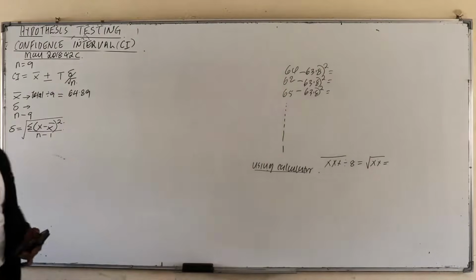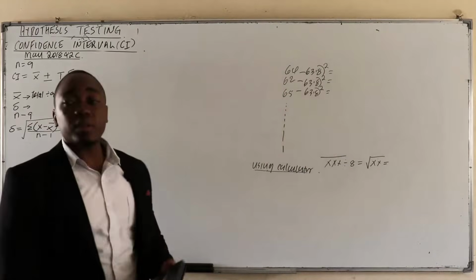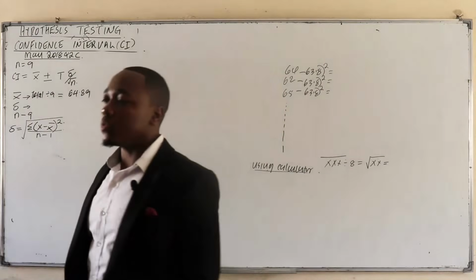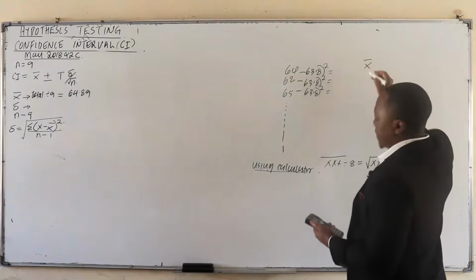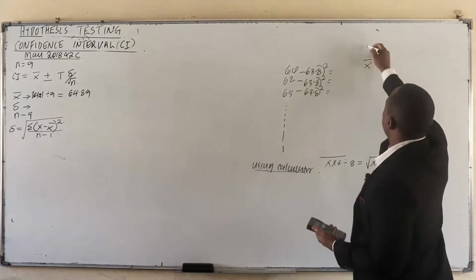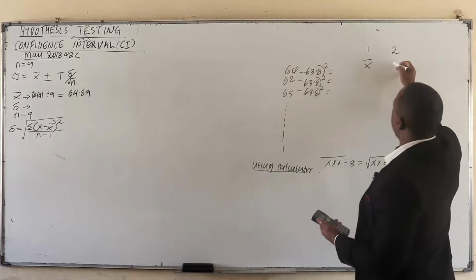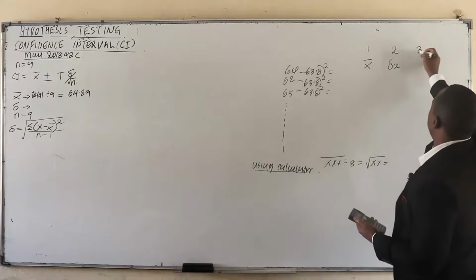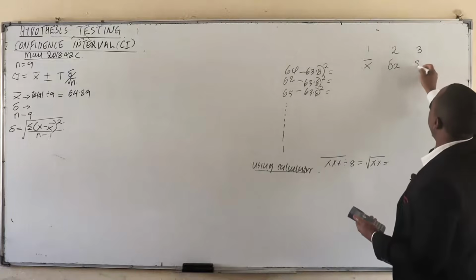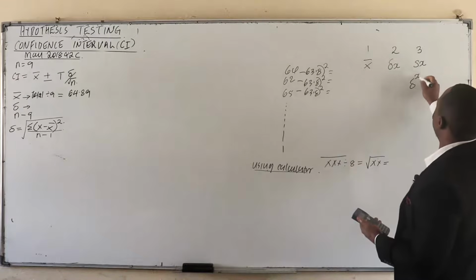So now how do you get the standard deviation? Shift, number 2. Now if you press Shift, number 2, we have x bar, which is number 1. Then number 2 and number 3; others show SX, others show like that.